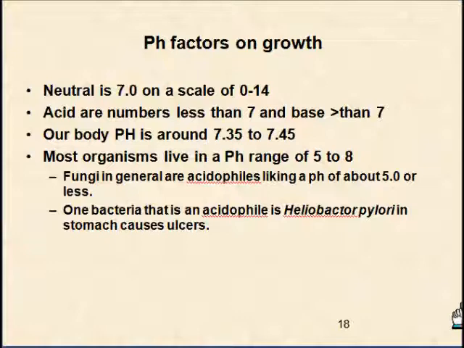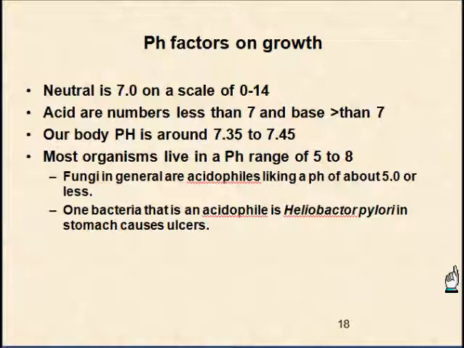We talked a little bit about this in chemistry, but just as a refresher, a neutral pH is 7 on a scale of 0 to 14. Acids are numbers less than 7, and bases have numbers greater than 7. And our own body pH is around 7.35 to 7.45. Now, most organisms live in a pH range between 5 to 8. There are fungi that are in general acidophiles, liking a pH of about 5 or less.